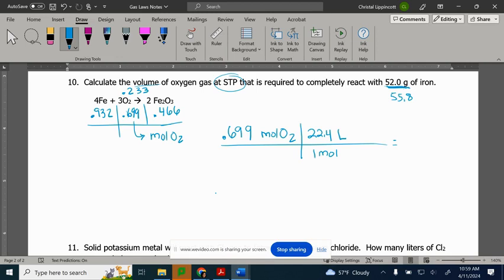So there's a little shortcut that you can do for this one. So that gives us 15.7 liters of oxygen. The other way you could do this, and you should come up with the same answer, is you can solve for volume using your ideal gas law, where this is your mole amount.